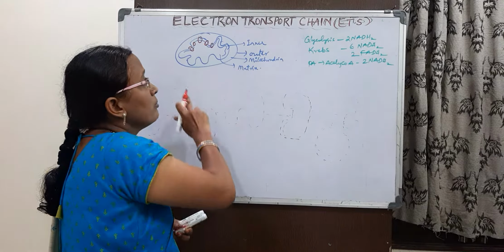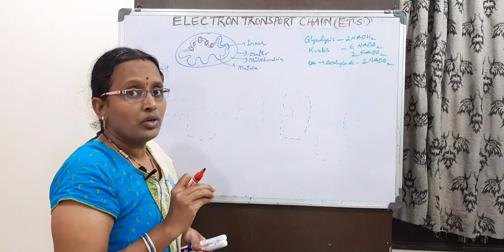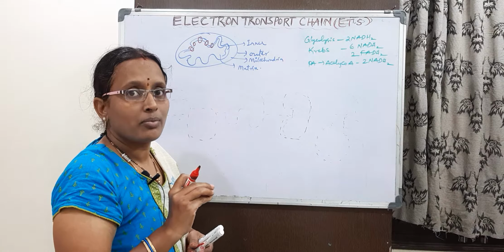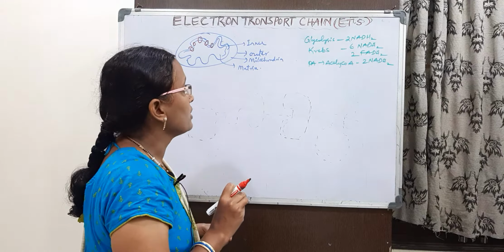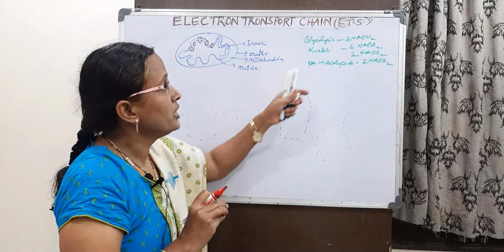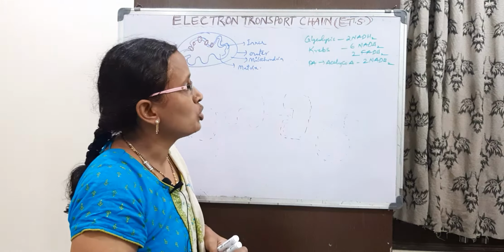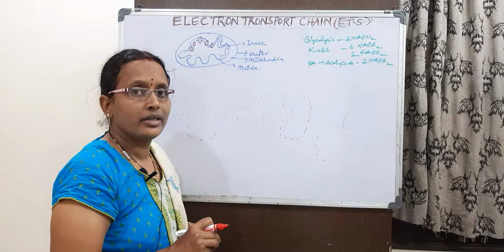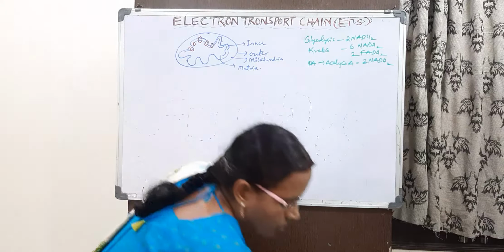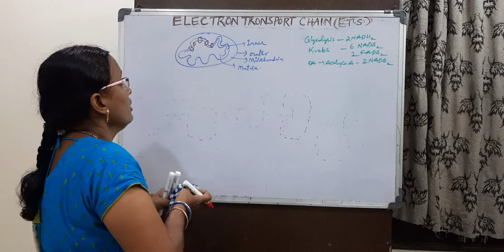So in the inner membrane, the 4 complexes help in the oxidation of NADH2 and FADH2. Now we will see how they are arranged.